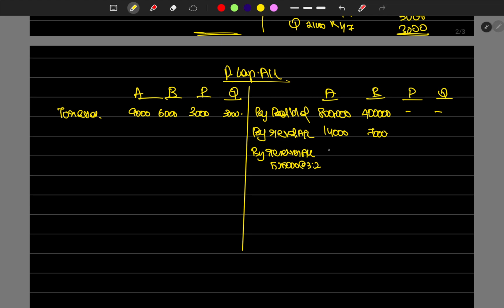3 by 5, which is 3,15,000, which is 2,10,000.